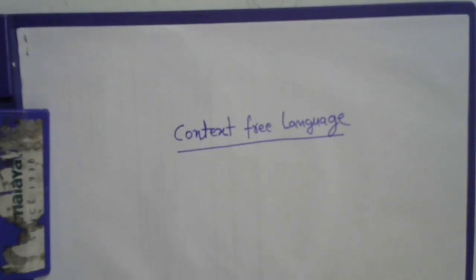Here we are taking some examples and derivations through which we can explain the context-free language. Let us first explain what a context-free language is and how it can solve the problem.